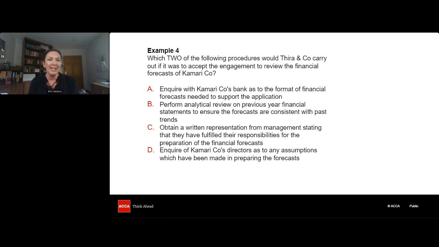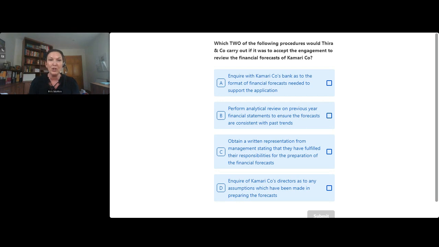And would they inquire of Kamari's directors as to any assumptions which have been made in preparing the forecasts? So again, we can choose two. So which two procedures would you think are most relevant in relation to the review of those forecasts?